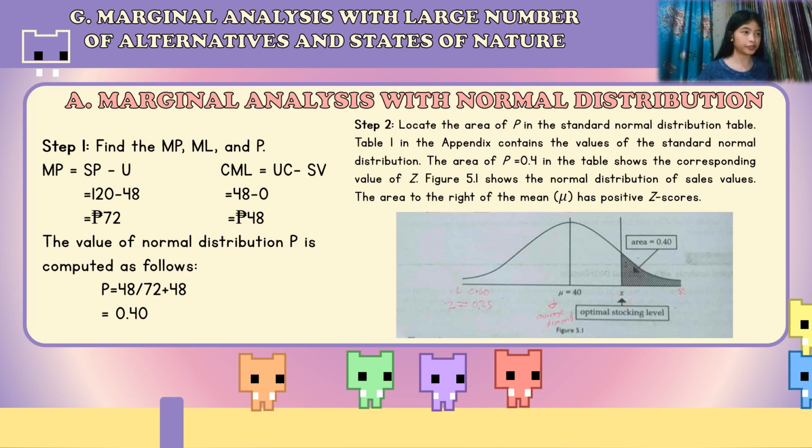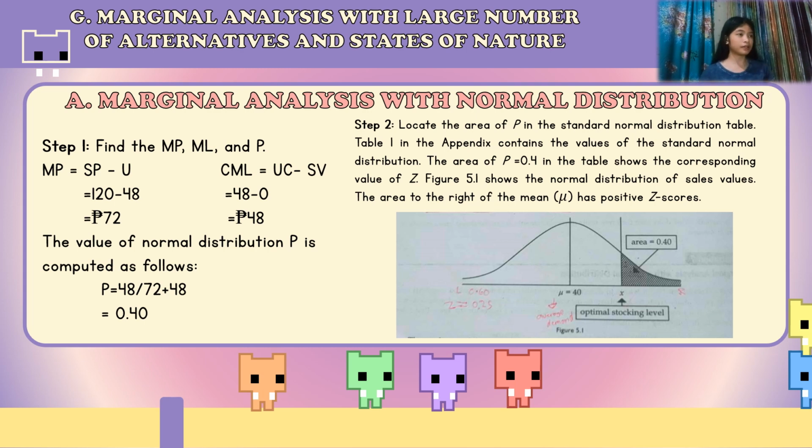And then lastly, for the P, or the value of normal distribution, we just have to add the MP and ML. So 72 plus 48. That is 120. Now, we have to divide it to the ML. So 48 divided by 120 is equal to 0.4. And there we have the value of normal distribution, which is 0.40.